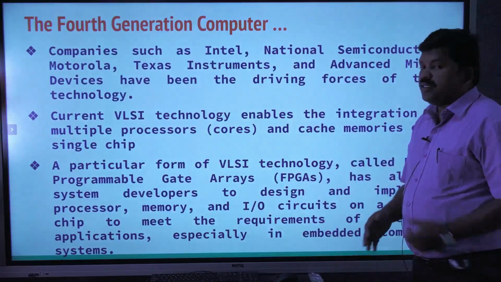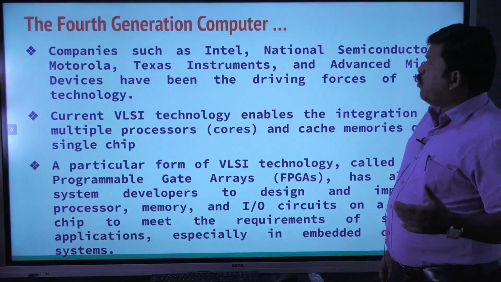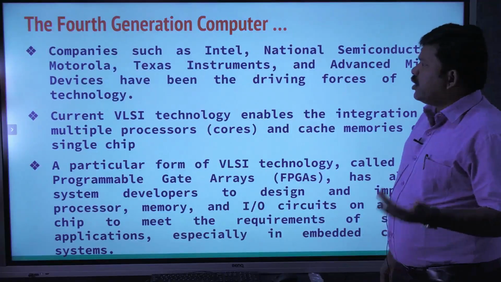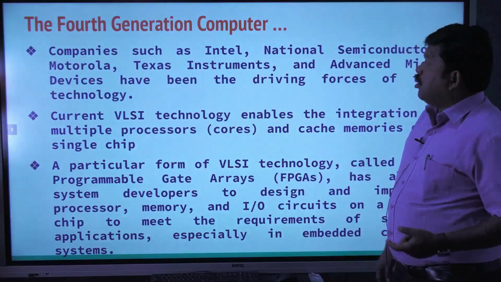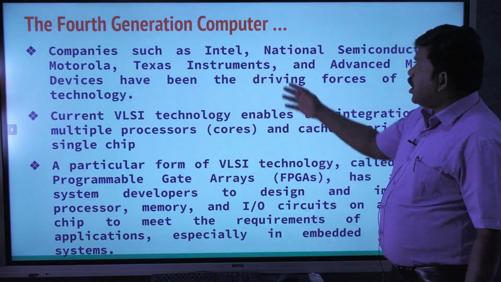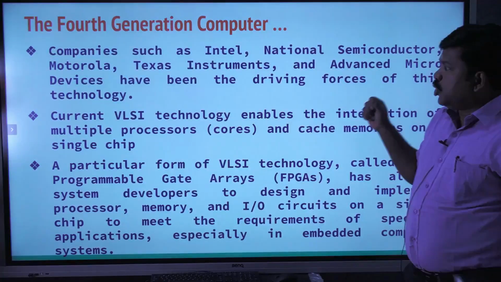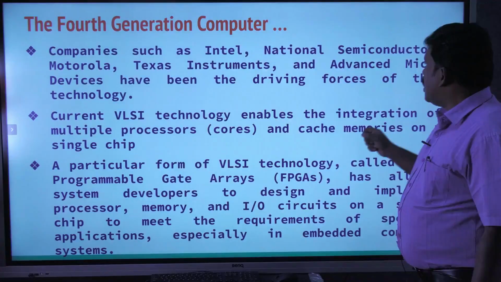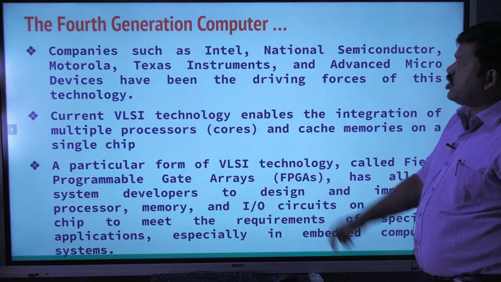Also, companies like Intel played a concrete role in the development of processor manufacturing. Almost all the processor manufacturers, Intel, National Semiconductor, Motorola, Texas Instruments, and Advanced Micro Devices, have been driving forces behind these technologies.